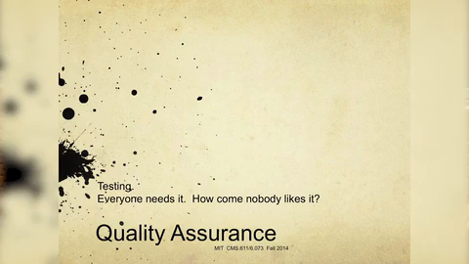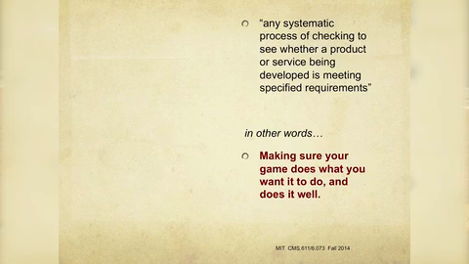Okay, so people say testing, people say quality assurance. What are they? Quality assurance is actually a whole process that involves a whole lot of different types of testing, but in general, it's the systematic process of checking to see whether a product or service being developed is meeting its specified requirements.